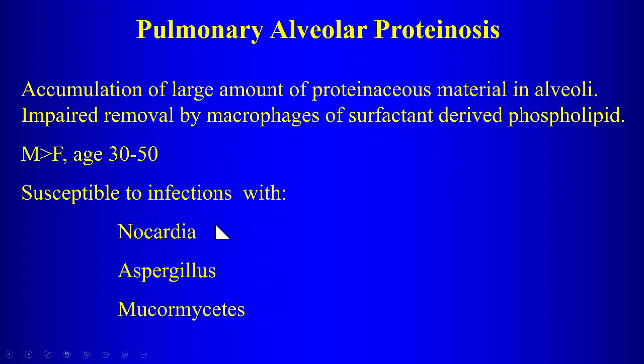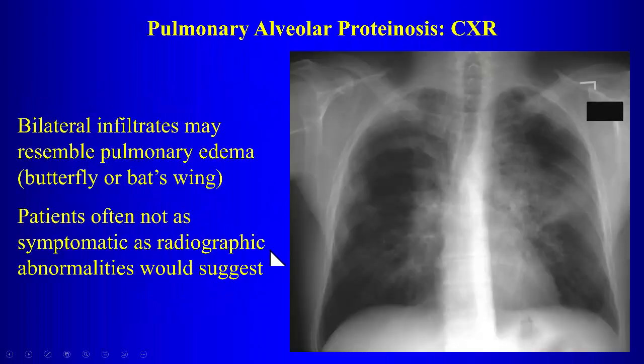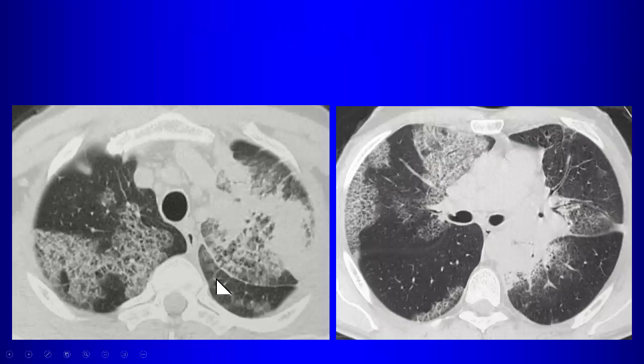So they are susceptible with the primary form to all kinds of infections, especially nocardia and aspergillus. Okay? So they will have consolidations, might resemble pulmonary edema. What is said is that the chest x-ray looks a lot worse than the patient. So the chest x-ray could look really bad, but the patient may not be as short of breath as you might imagine based on the chest x-ray.